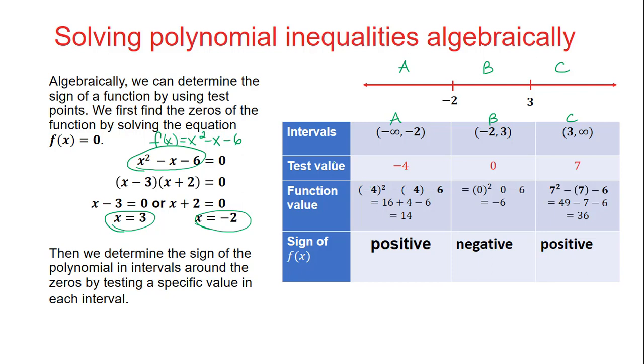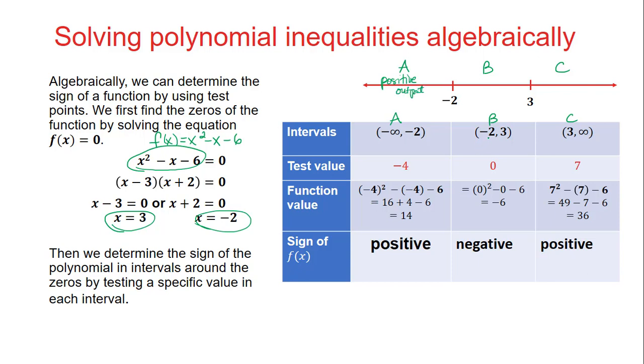If we plug negative 4 into the function, we get negative 4 all squared minus a negative 4 minus 6, which is 16 plus 4 minus 6, or 14. And what I really need to know from that is that that value is positive. So that tells me that in region A, every input value will have a positive output value.